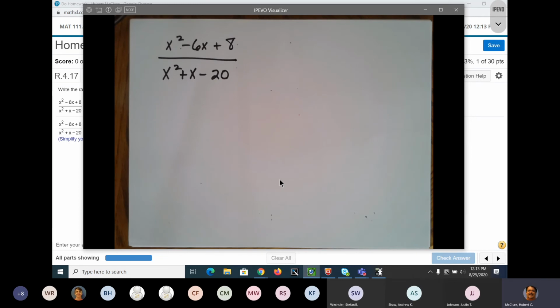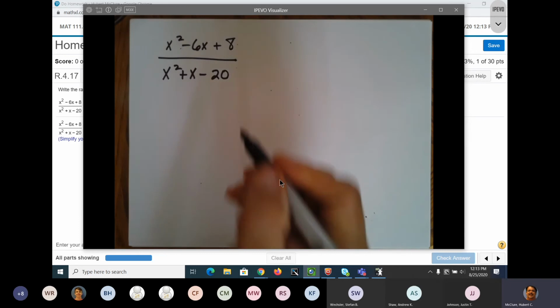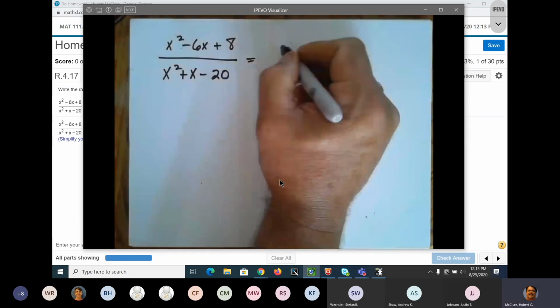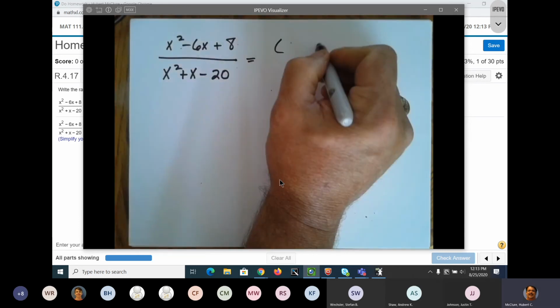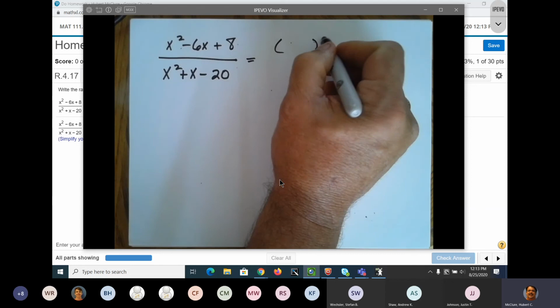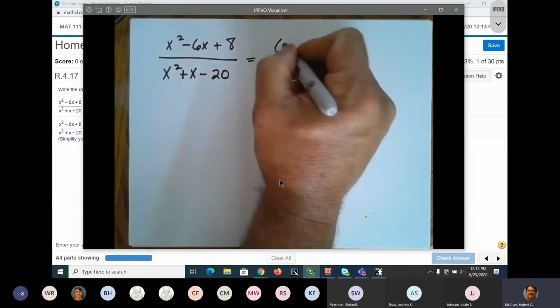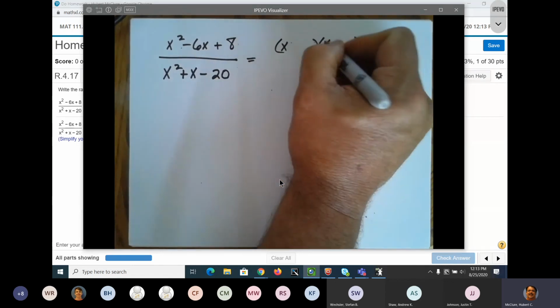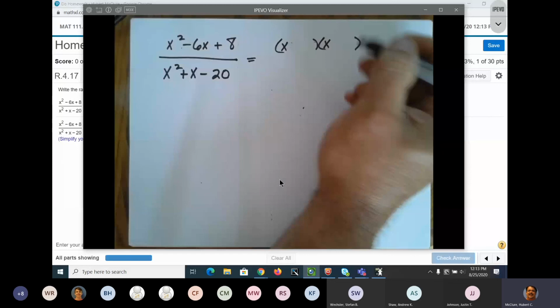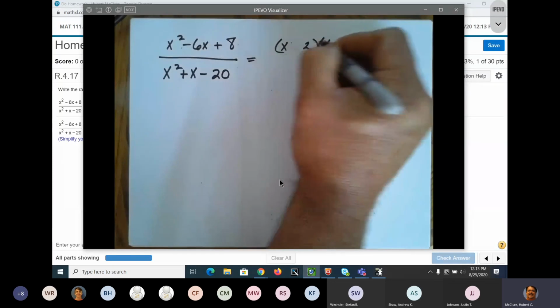Okay, so let's go ahead and break this up. That's going to be parentheses, parentheses, x, x. Let's go with a 2 and a 4, which is going to be a -2 and a -4.